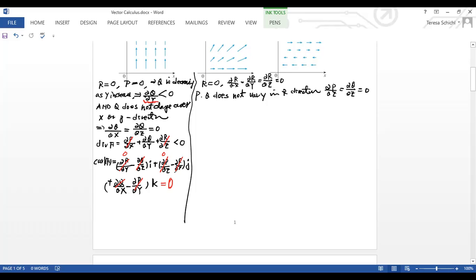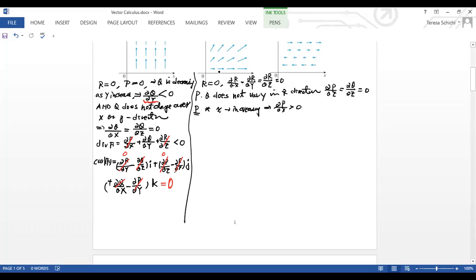Now let's take a look at the P components here, the P of x, y, z. P is the x component, the i component. So when x increases, the x component increases, so I know ∂P/∂x is going to be greater than 0.